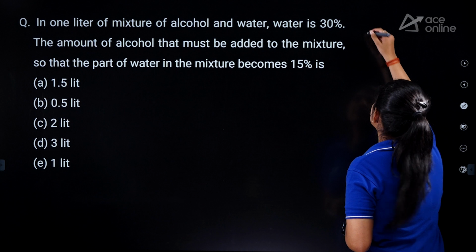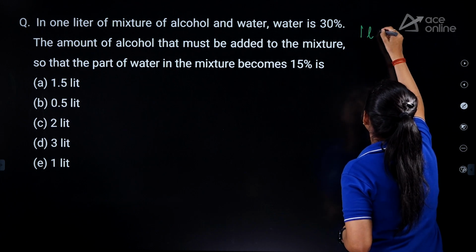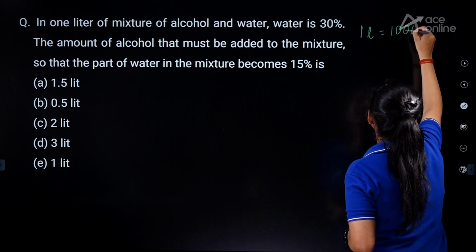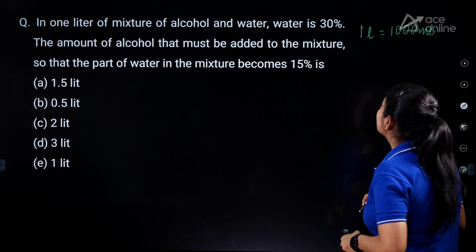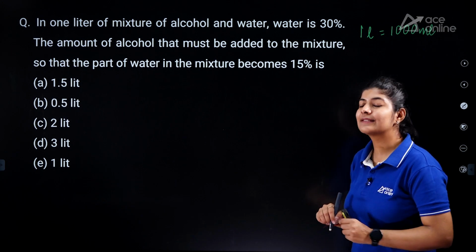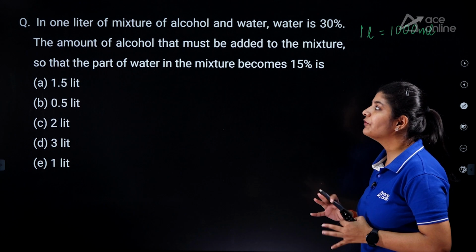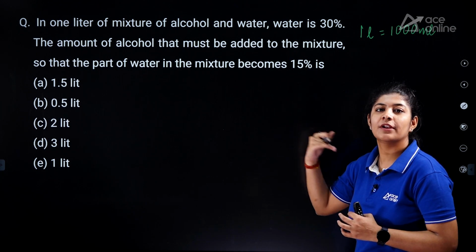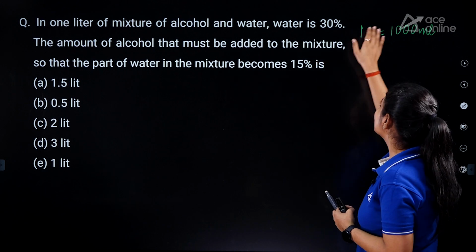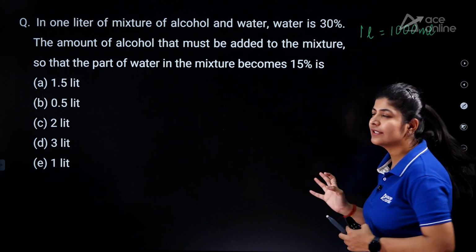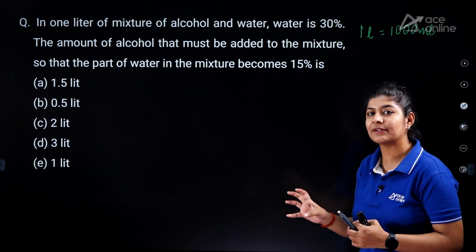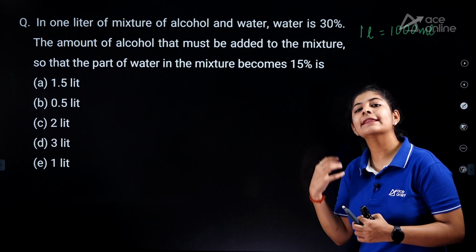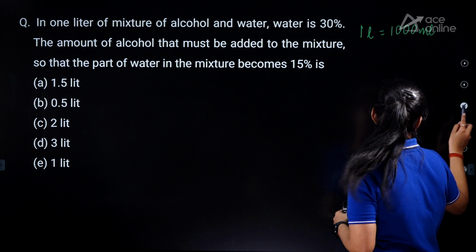All we know is we can write 1 liter as 1000 milliliters. If you are getting any confusion, or if you are moving into decimals or fractions, just simply take 1 liter as 1000 milliliters so that you can easily avoid the calculations in fractions or decimals, right?